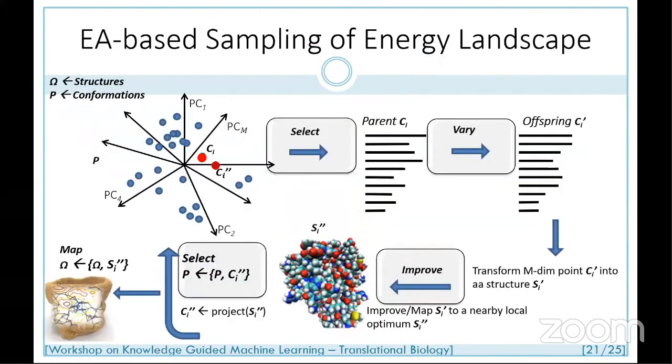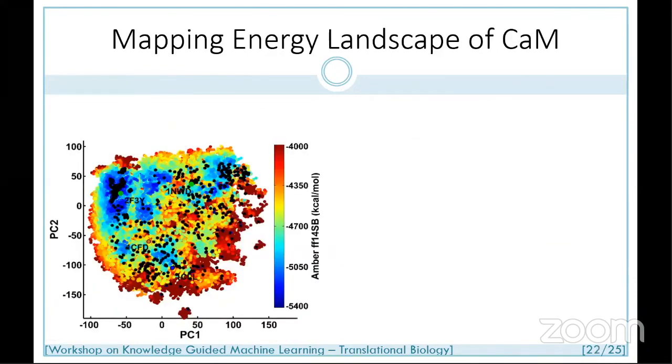Here is, I'm not going to go in detail over this method, but it is not deep learning. It is actually an evolutionary algorithm that takes the variables that you have found, the variables of intrinsic motion among known protein structures, and populates the space with even more structures in order to obtain hundreds of thousands of them. Each single point in this picture corresponds to a structure. I've reduced it over the two principal components.